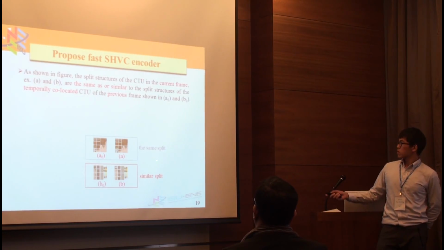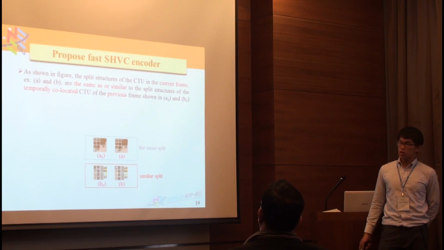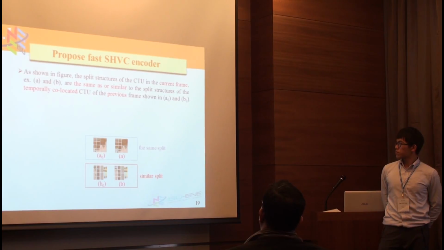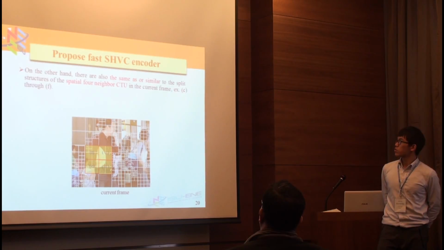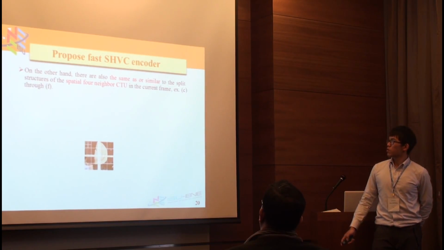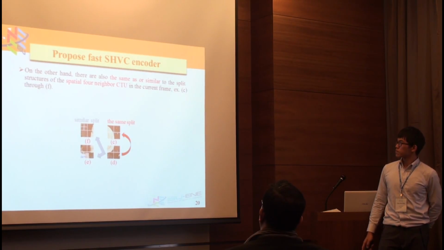We can find they are the same or similar. On the other hand, they are also the same or similar to the split structure of the spatial neighbor CTUs in the current frame, for example C through F, as follows.